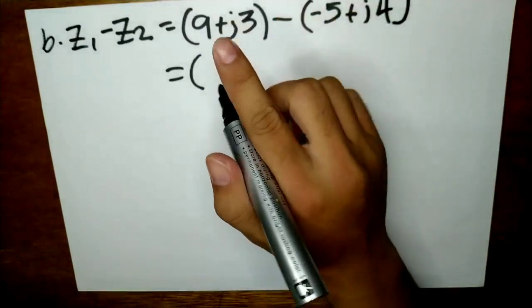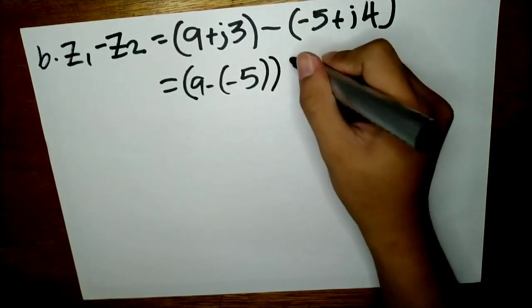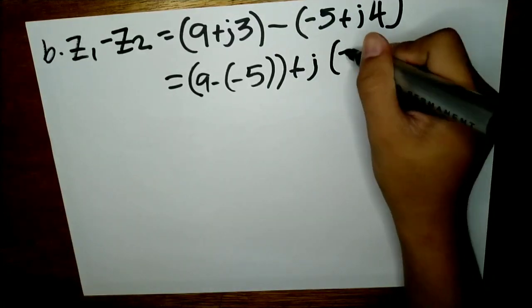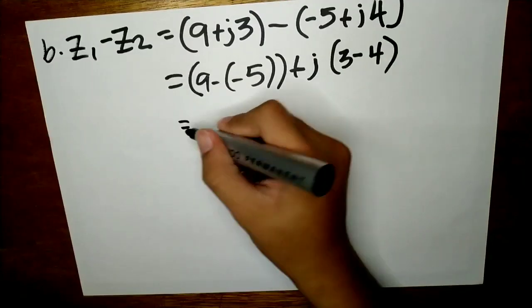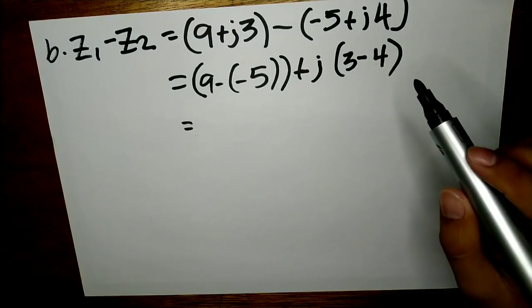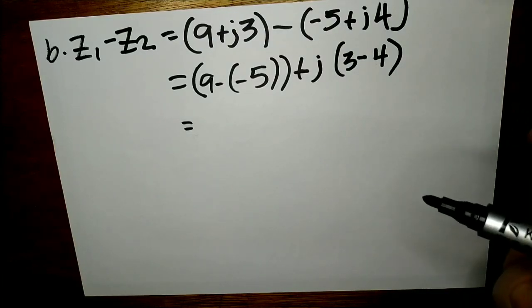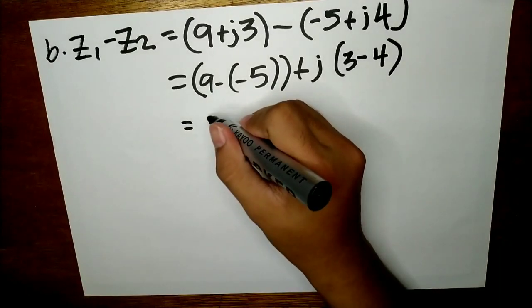So the result will be this one. Now, after that, we need to simplify each term by multiplying the negative 1 by negative 5. So it will result in this one.